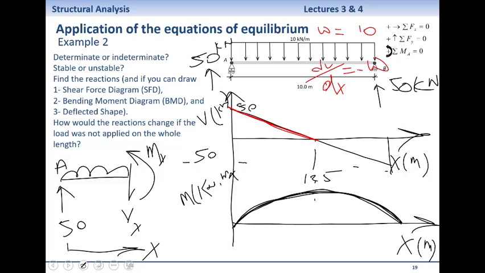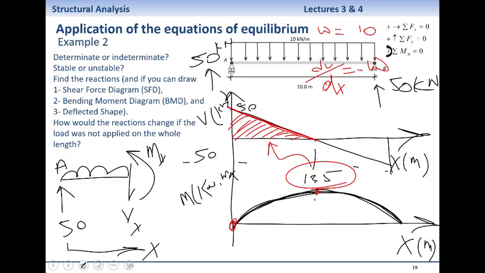What is the area underneath the shear force between these 2 points? How much area do we get here? If I integrate shear force, which is basically calculating that area, how much is that area? 50 times 5 divided by 2. How much has the bending moment changed between A and the midpoint? 125, which is this area.